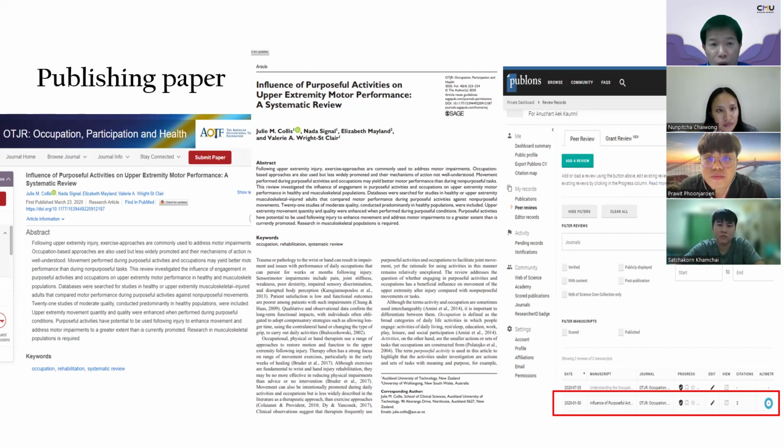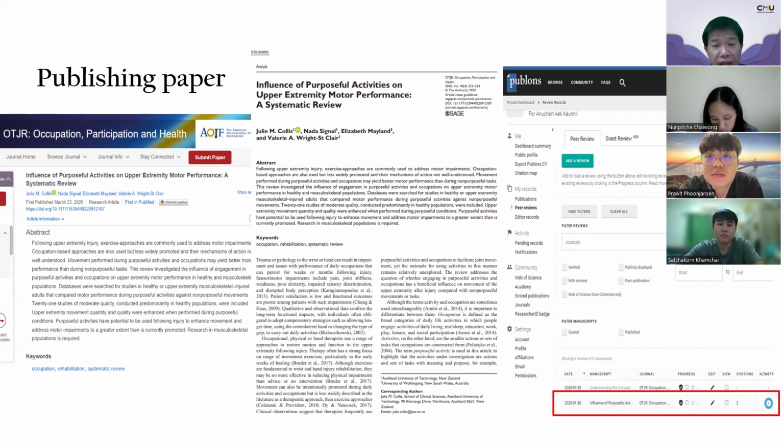At that time, in 2019, when you become a reviewer, you get not only money or a reward, but it is also put in Publons and ORCID ID. Maybe Chattakon or Bank know already.